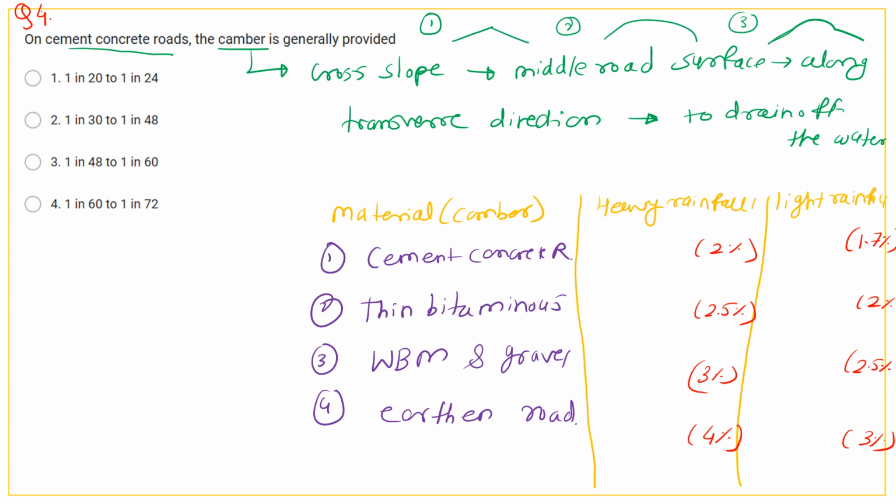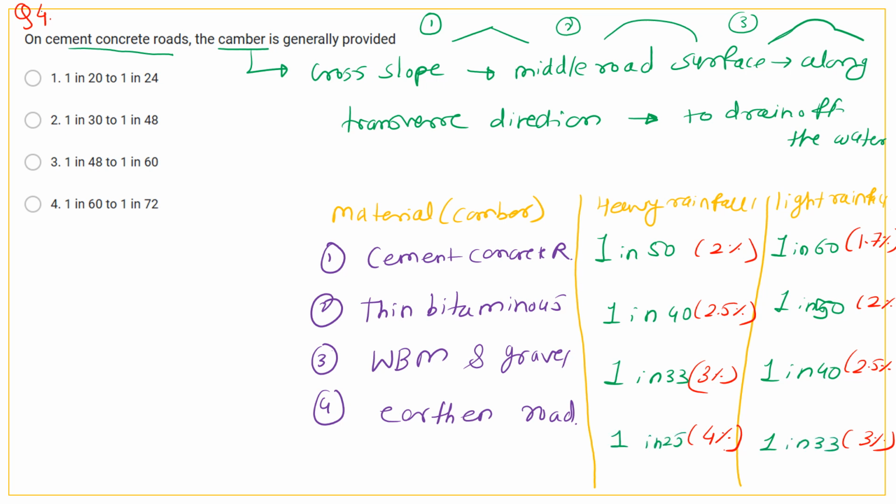In terms of ratio, here the value is 1 in 60, here 1 in 50, same 1 in 50 here, 1 in 50, 1 in 40, 1 in 40, here 1 in 33, here 1 in 33, and here last one is 1 in 25. Okay, these are the values of camber.